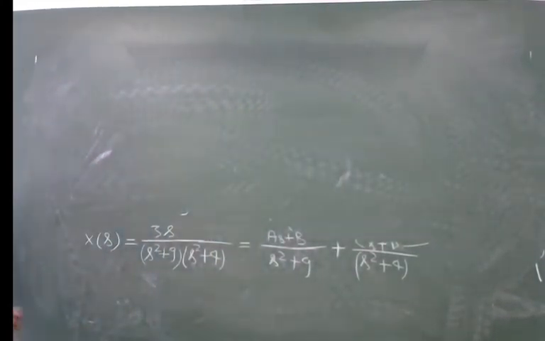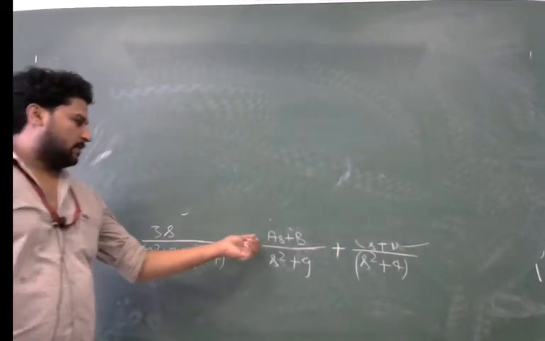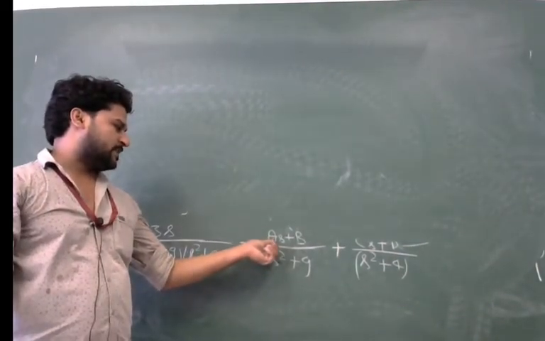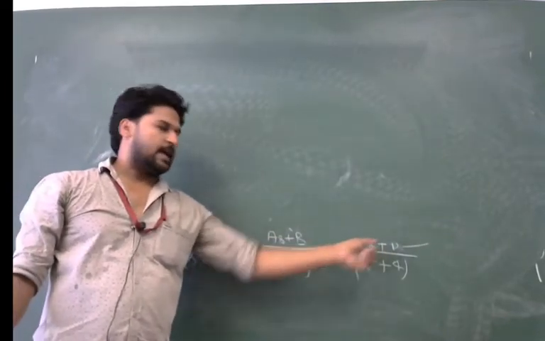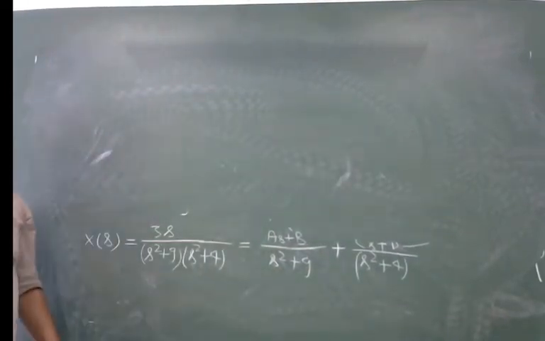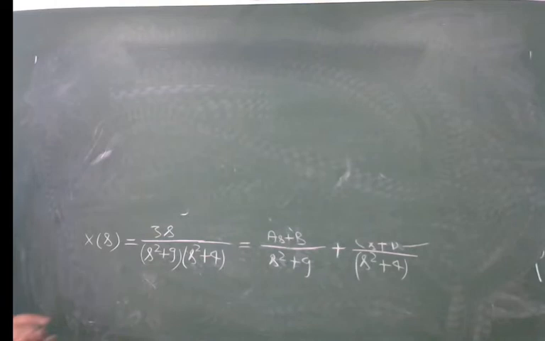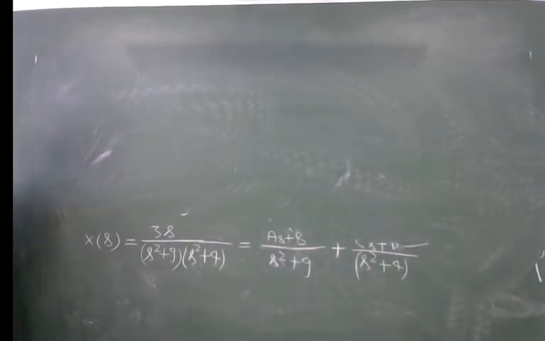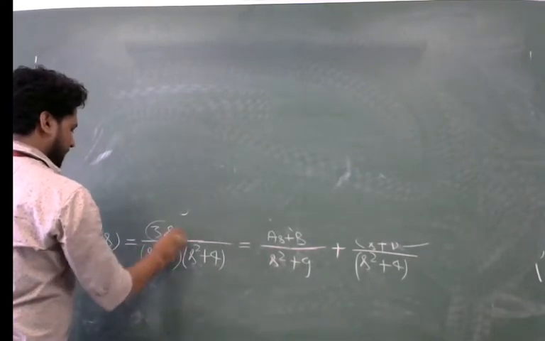For the remaining question, we have to get the values of these coefficients a, b, c and d. To get the values of these coefficients, the concept is the same. We have to compare the numerators of both the sides. So here the numerator is 3s.